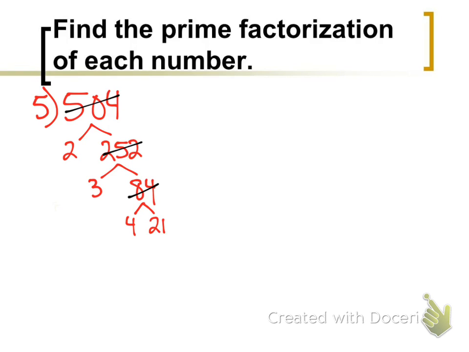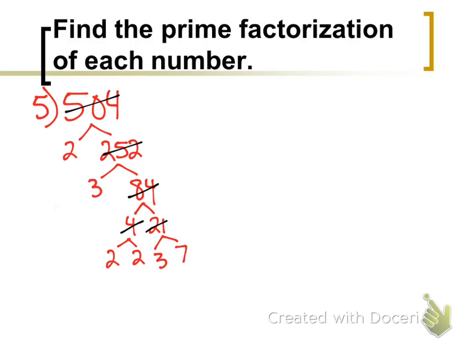So that's something we hadn't seen yet. If I break down 4, what do I get? 2 and 2. And if I break down 21, I get a 3 and a 7. Again, if you want to cross off numbers that you broke down, that's fine. That helps you remember not to put them on your prime factorization list.